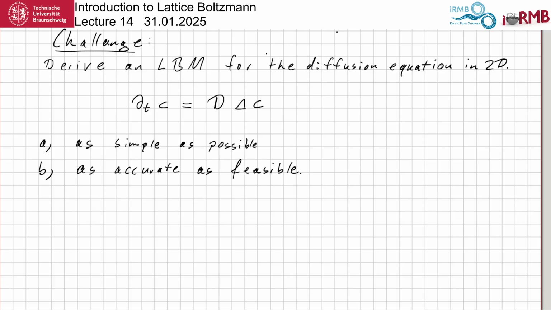As accurate as possible is not a good word, because then you ask a lot. There's always the question of what is the most accurate way of doing something. So we'll do this in a D2Q9 lattice.